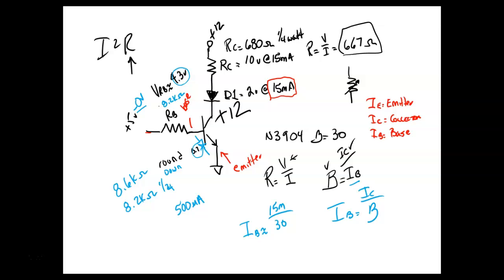So most digital circuits are rated like their output, a maximum output is usually around 10 milliamps. Nope, sorry, I need to go back and look at that. Oh, for a high, it's like 400 microamps. So for a low, it's like 10 milliamps.